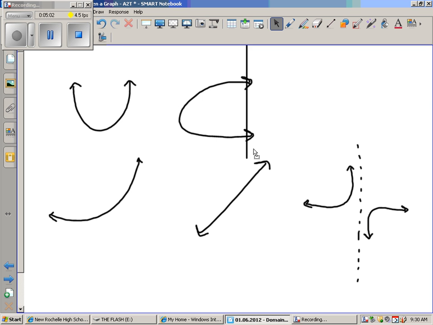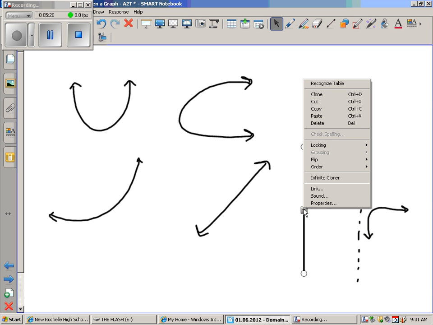No, it's definitely not a function. How about this one over here? Is this a function? Yeah. And how about this one over here? Is this a function? It is. This barrier later on we're going to call a funny word, asymptote. For right now, just think of it as a barrier.